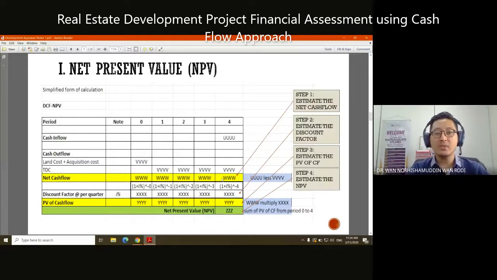And then we look into the calculation of NPV for development appraisal. We have about 4 steps that we need to follow. First step, we need to estimate the net cash flow.